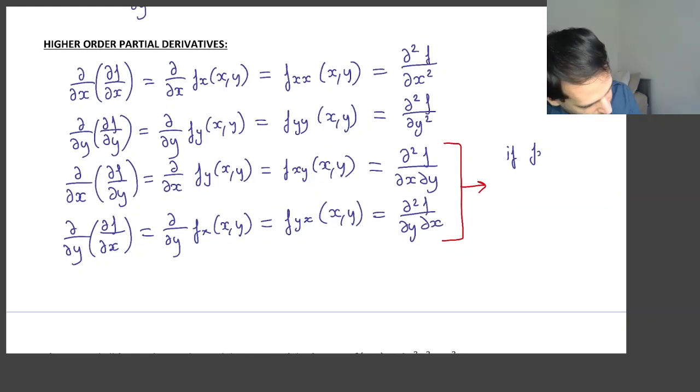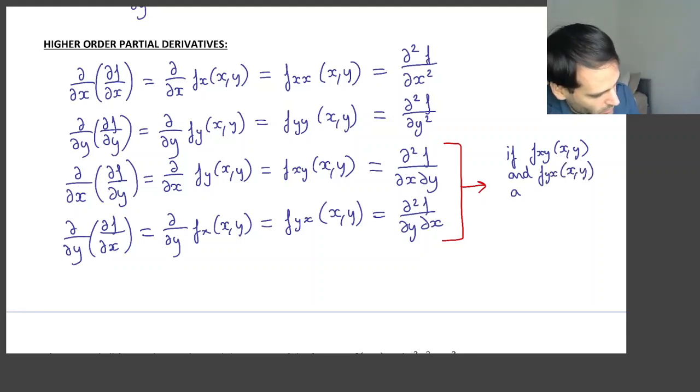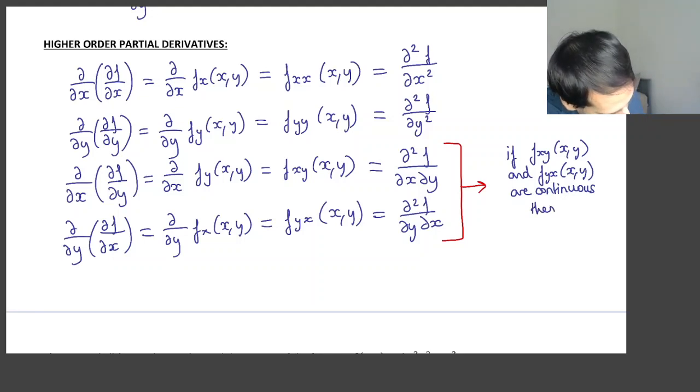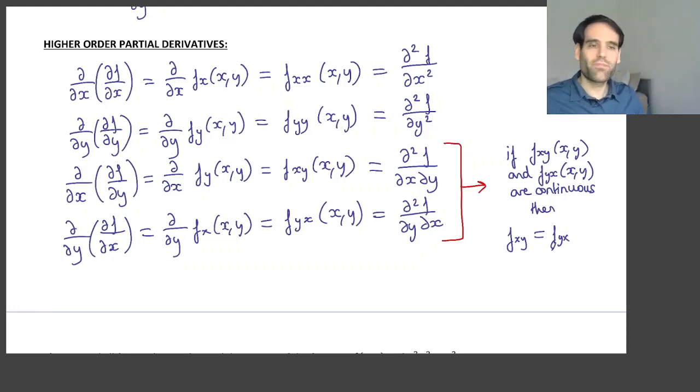If f_xy, which is a function of x and y, and f_yx, which is a function of x and y, are continuous, which means that they don't have jumps, then f_xy equals f_yx. This is a very interesting property, and if you want to know why this is, I point you to my PDF notes.